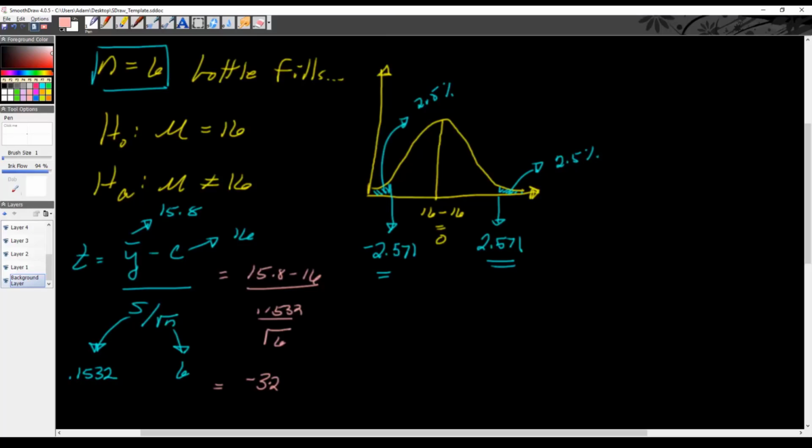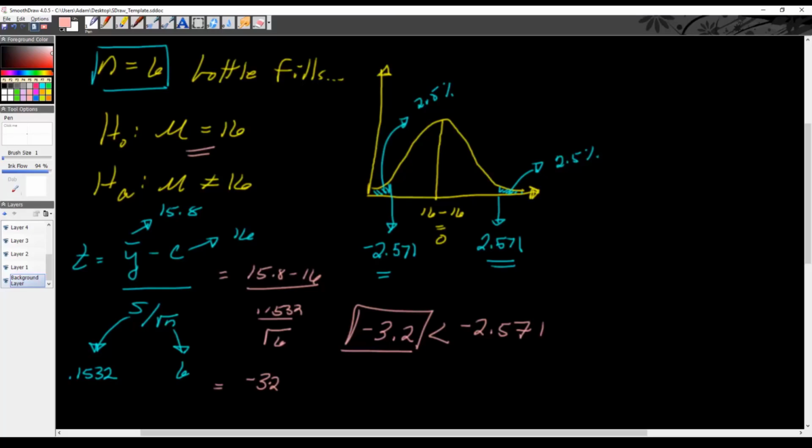Now, since the absolute value of this is greater than the critical t-value, or since negative 3.2 is less than negative 2.571, in other words, the calculated value is less than the critical value, we won't observe this if the hypothesized value is true.